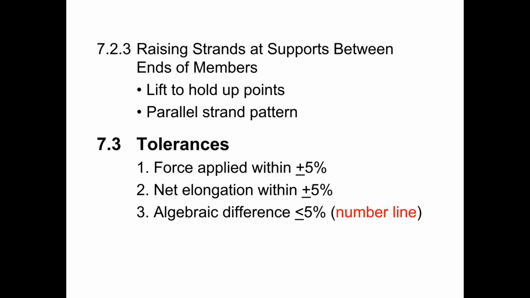But they ended up, after they were draped, stacked on top of each other in that fork, and so they are not parallel to each other. At the ends of the bed, the strands are further apart from each other. At the center or the hold-down location, they're actually stacked on top of each other. And so the geometry is a little bit different, and so we need to take that into consideration in our calculations, and we'll talk about that a little bit more once we get into an example calculation.